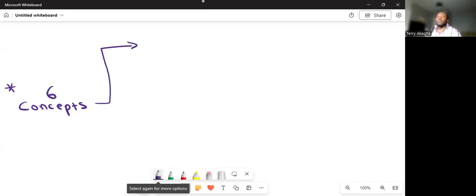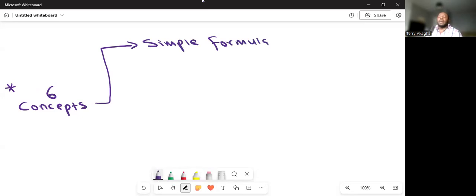The first one I'm going to talk about is simple formulas. Then I'm going to talk about formulas with fractions. So how do you make the subject of the formula with fractions?